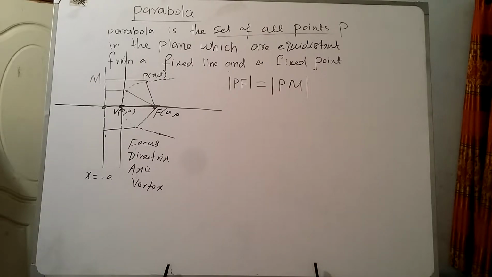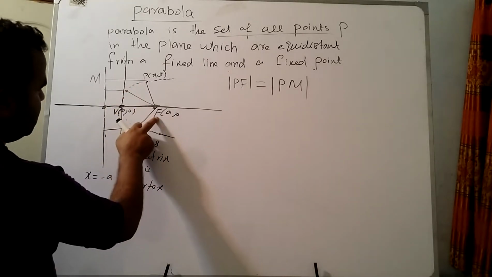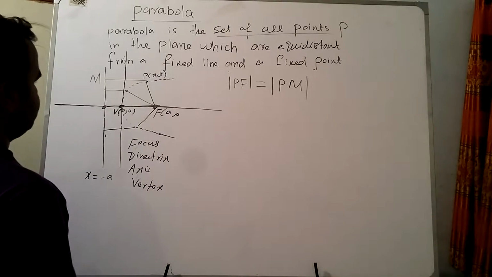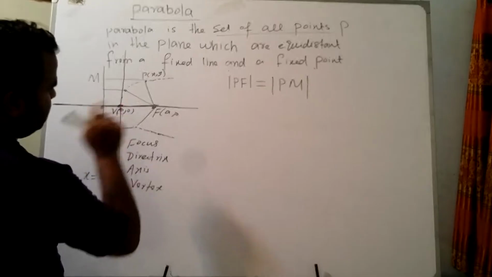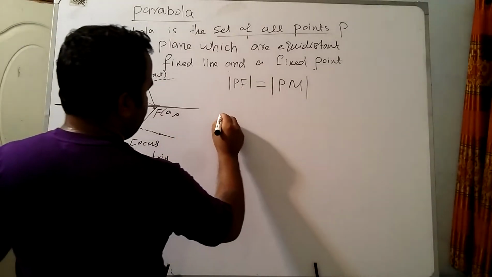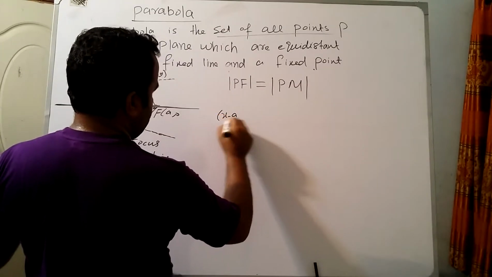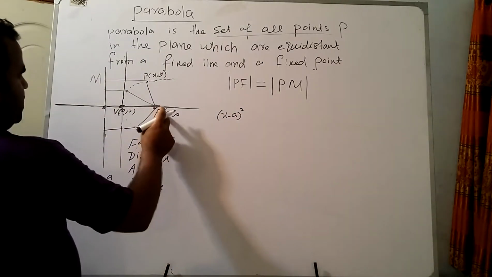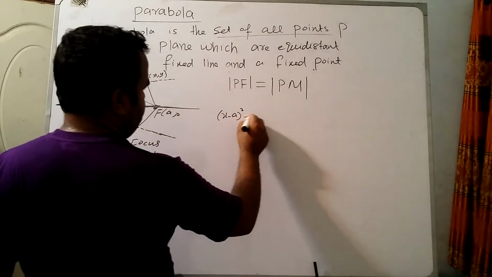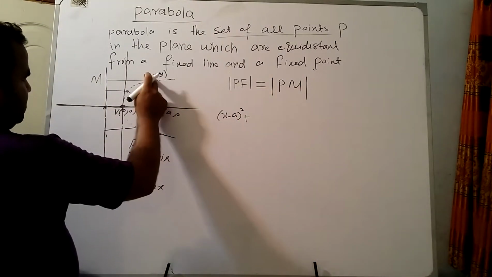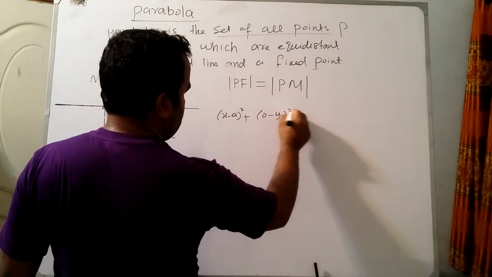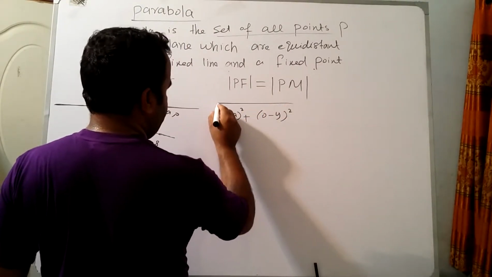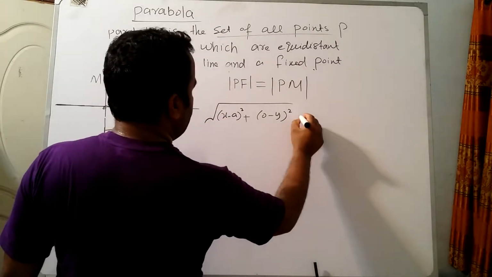We want to find the distance point to point and point to line. The formula for point to point is the square root of (x2 minus x1) squared plus (y2 minus y1) squared, which is equal to PM.